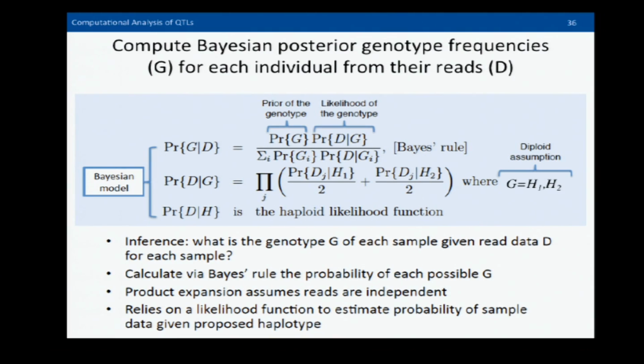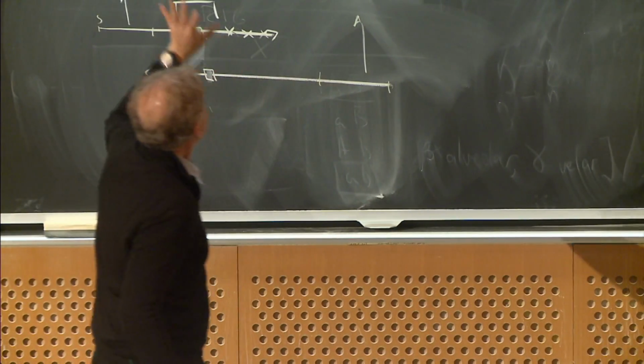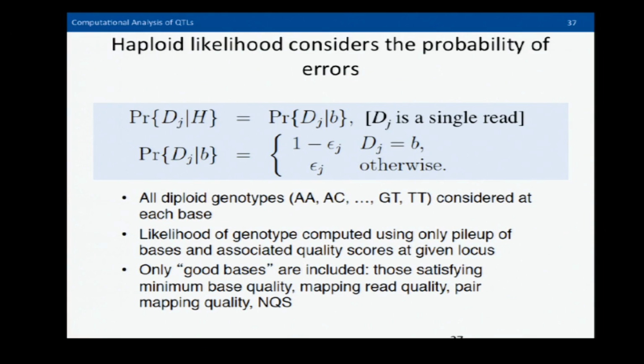In another form, you can see the same thing here, which is the Bayesian model. We've talked about this haploid likelihood function, which was on the blackboard I showed you. We're assuming all the reads are independent and that they come equally from mom and dad, more or less. The haploid likelihood function, once again, just uses the error statistics from the machine.